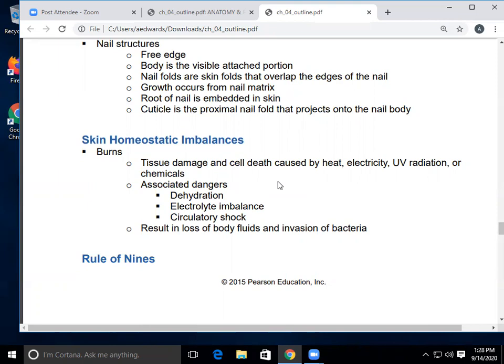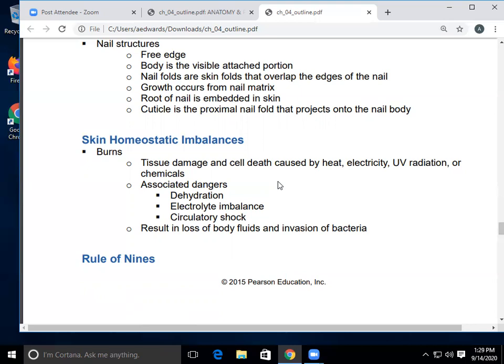Now let's talk about things that can disrupt homeostasis, like burns. You have tissue damage as well as cell death. It's caused by heat, electricity, UV radiation, different chemicals. So what can be associated with this?